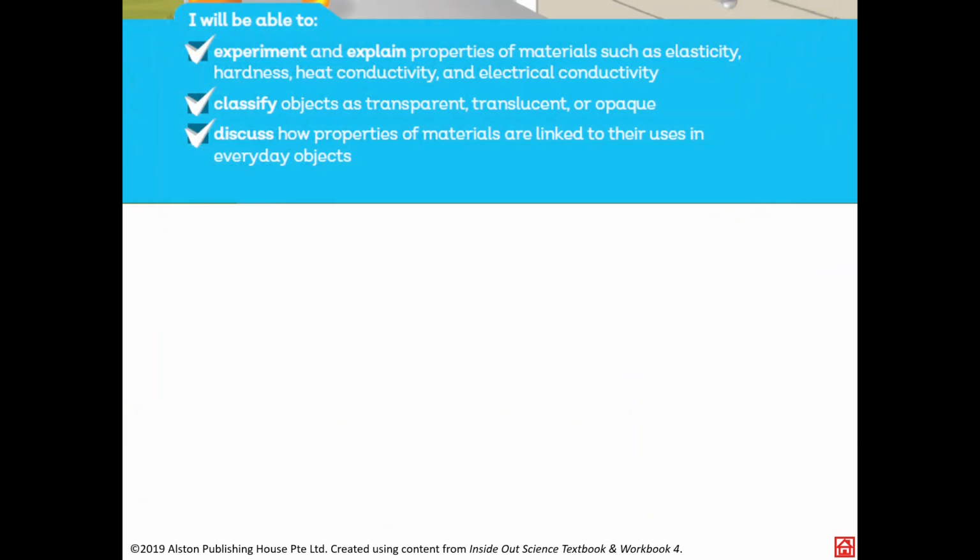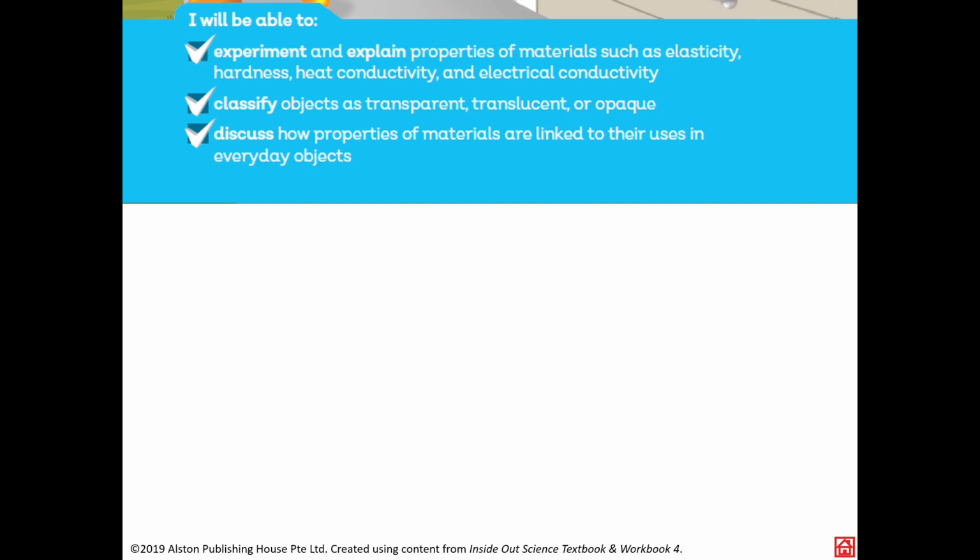In the whole chapter you are going to experiment and explain properties of materials such as elasticity, hardness, heat conductivity, and electrical conductivity. We can also classify objects as transparent, translucent, or opaque.